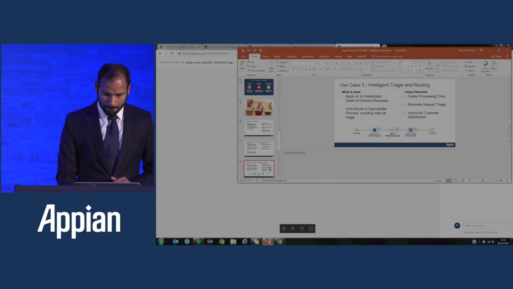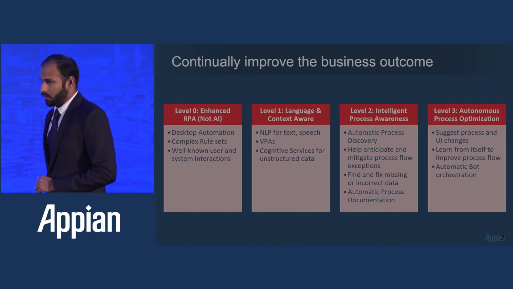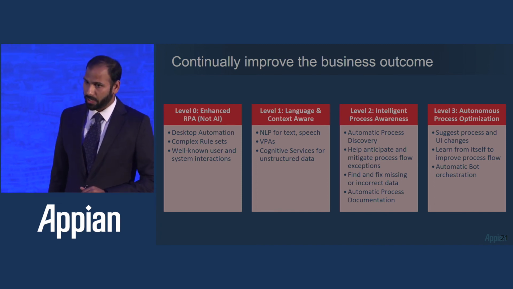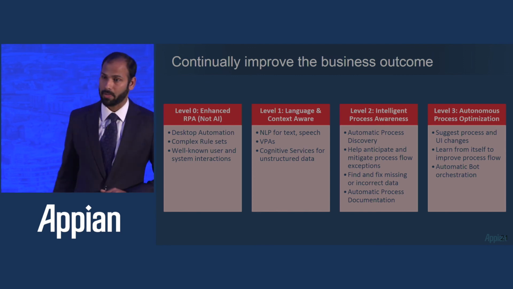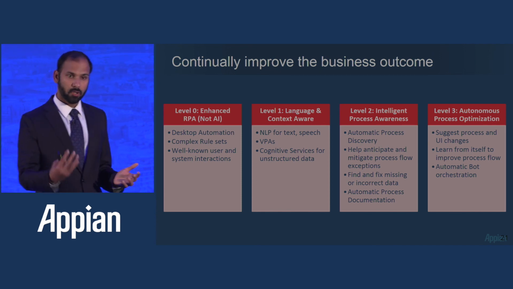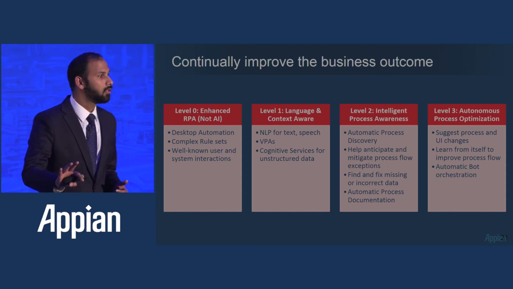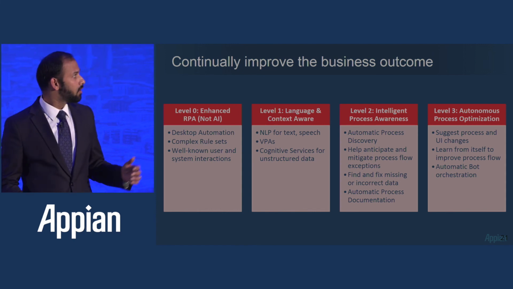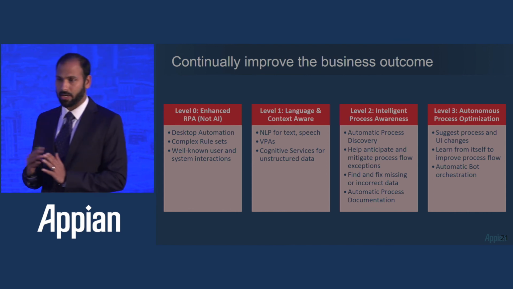Going back to my presentation, we see today most of the organizations are on level 1 or level 2 of automation. Level 0 is where you put rules within your system. These are rules. This is not automation. This is not RPA. This is not robotics or AI. But you put standard rules on items that can be repeated on a regular basis.